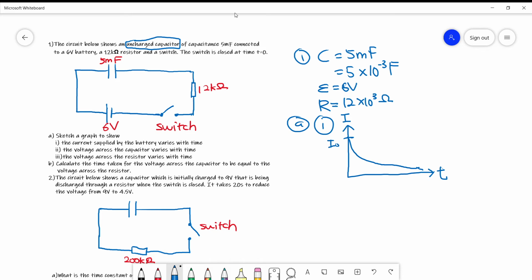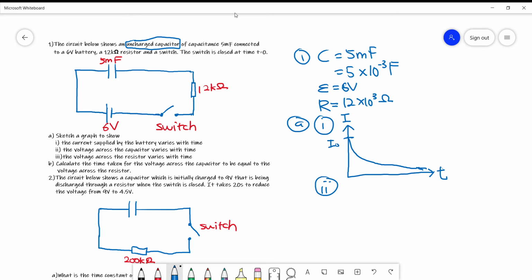This will be the curve for the current. At time t, the current is equal to 0 since the capacitor is fully charged.